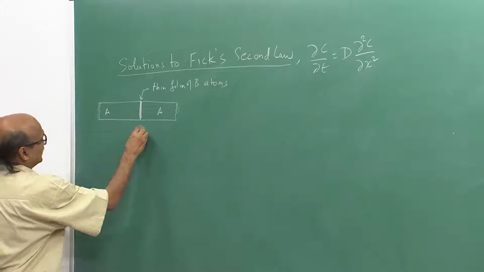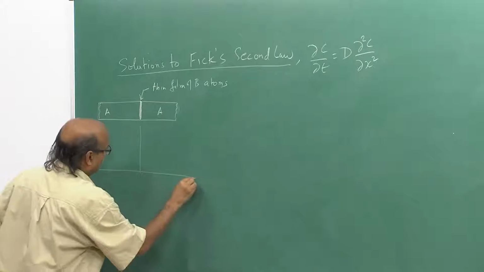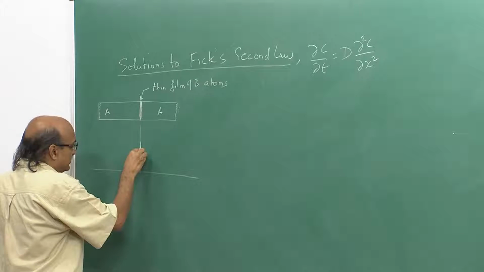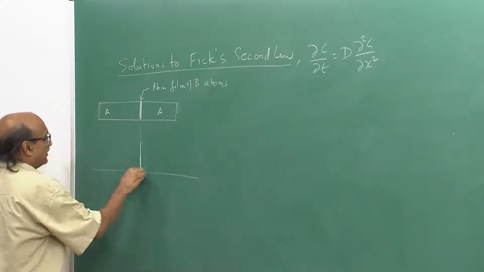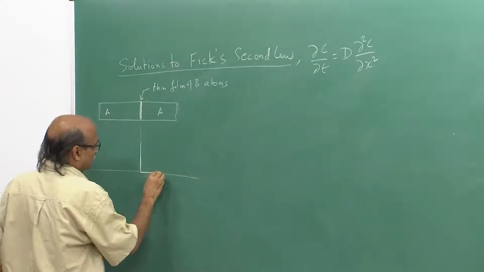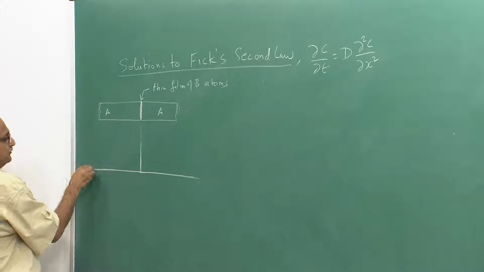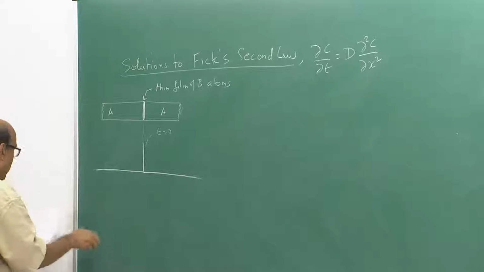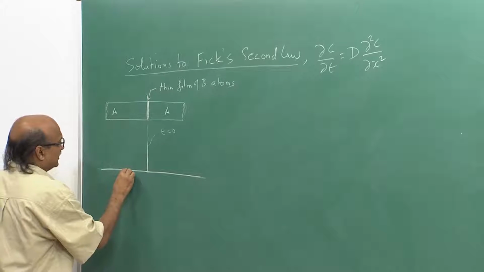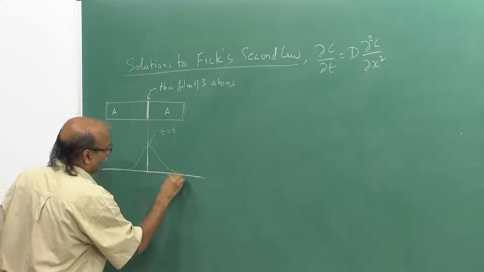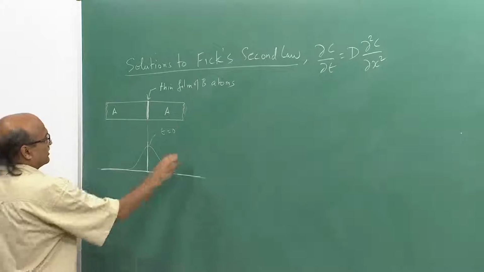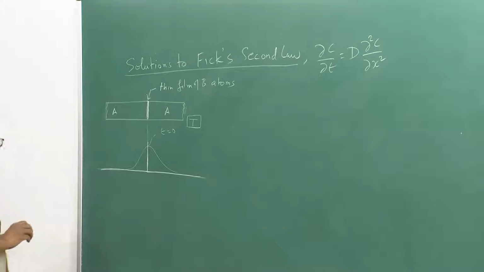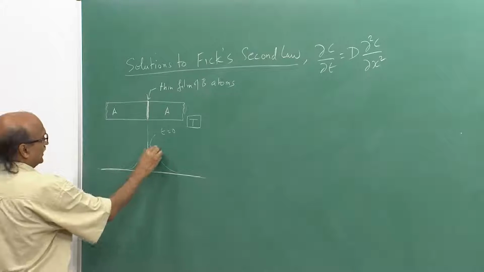And if I look at the concentration profile of B, clearly at time t equal to 0, this is my concentration profile. However, after some time t1, let us say, this profile would have become something like this, provided the temperature was high enough for appreciable diffusion to take place. So, this could be at time t1.